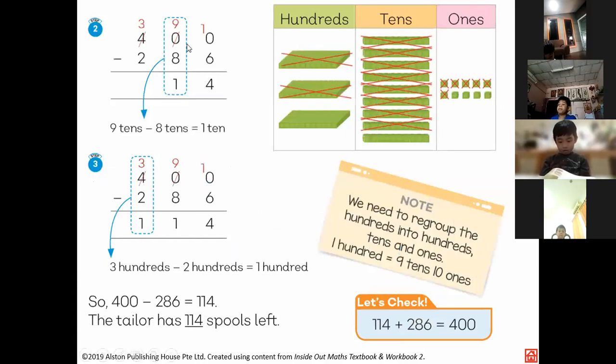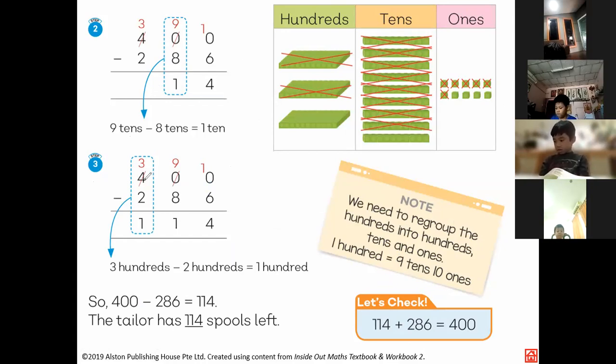We regroup the numbers in tens place. All right. Since we borrowed 1 from 0, and then the 0 will become 9, we can now subtract 8 from 9. So 9 minus 8, that's going to be 1. And then let's proceed to step number 3.